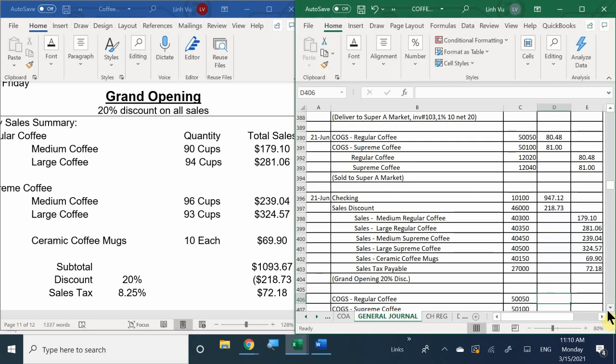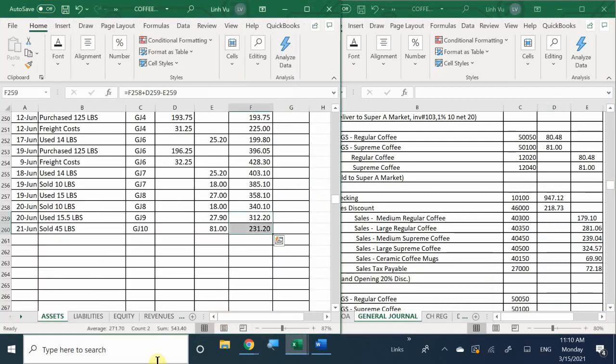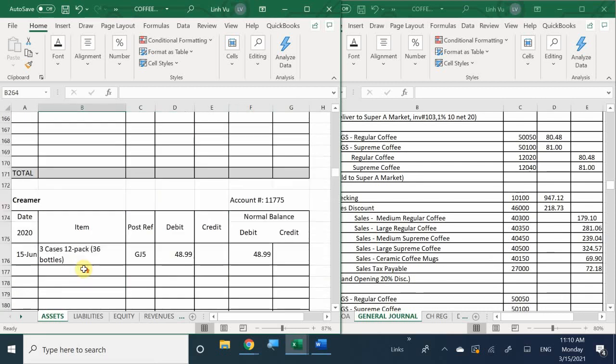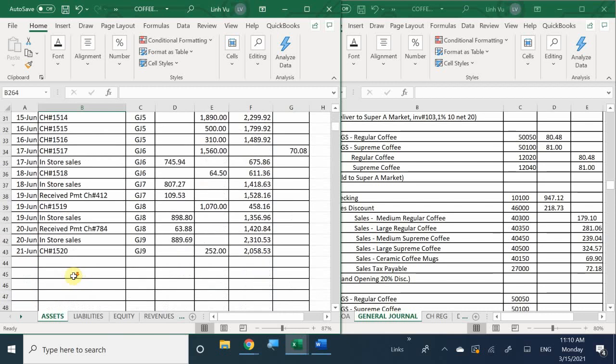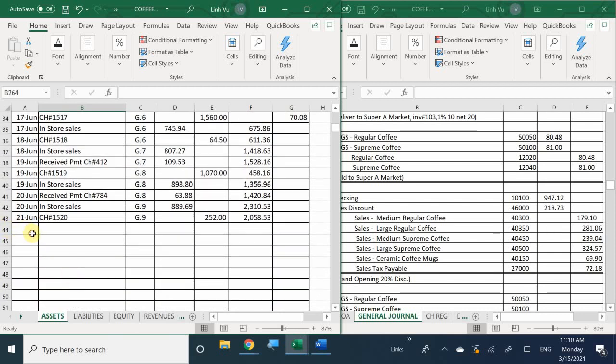Alright, so where do I need to go? Ledger, yes. So this time I'm receiving cash. So go to my checking account. $621. What am I going to put in here?